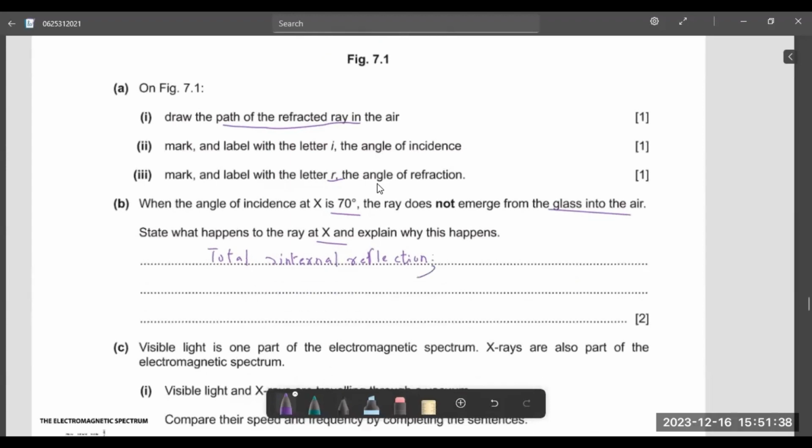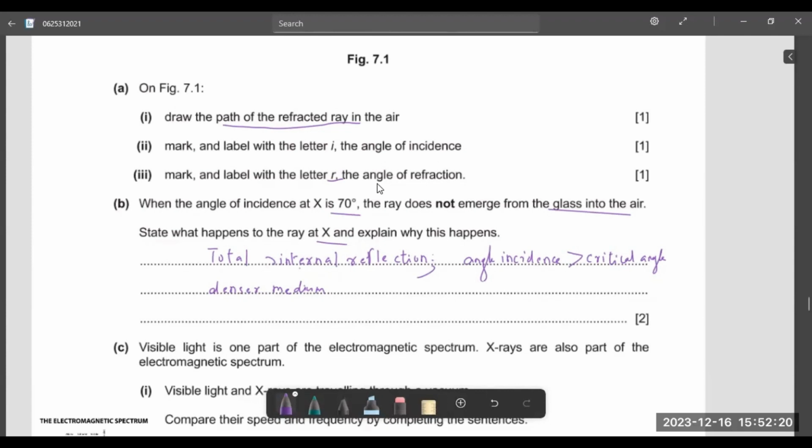And this total internal reflection occurs when the angle of incidence is greater than the critical angle. This happens when the ray is traveling from a denser medium and strikes the boundary with a less dense medium.